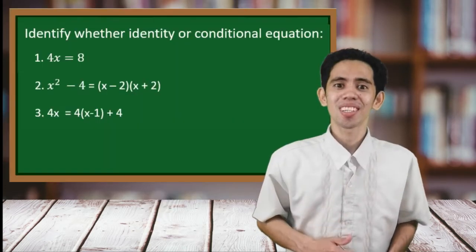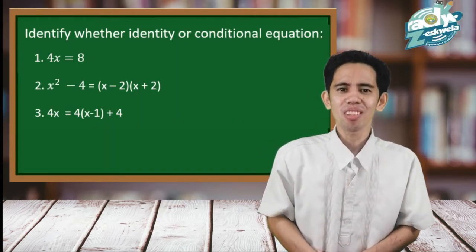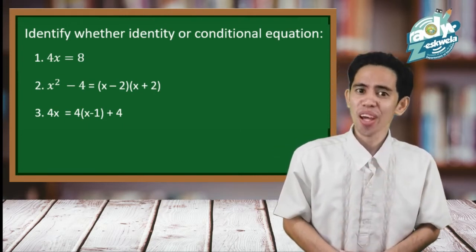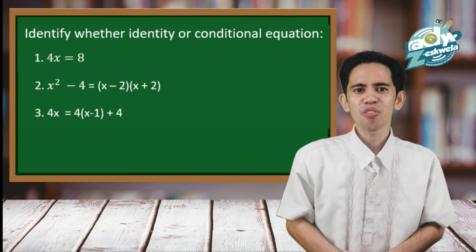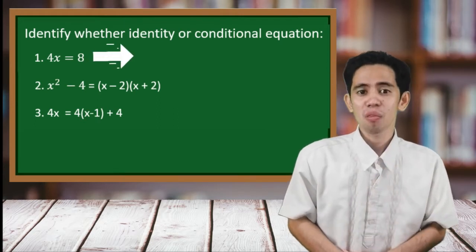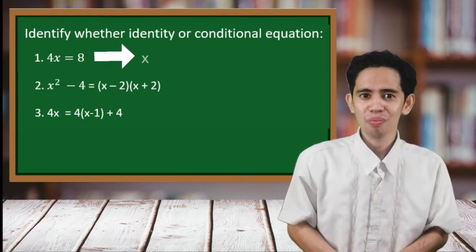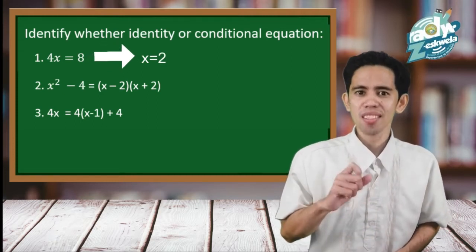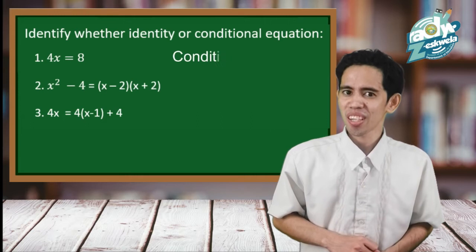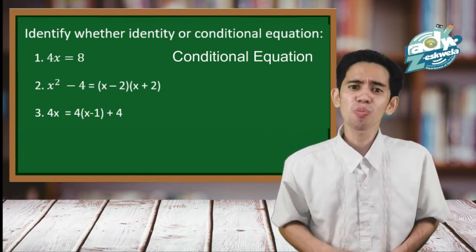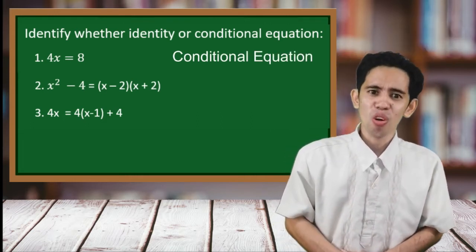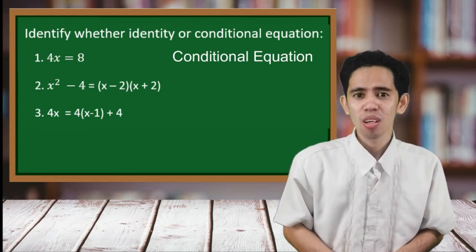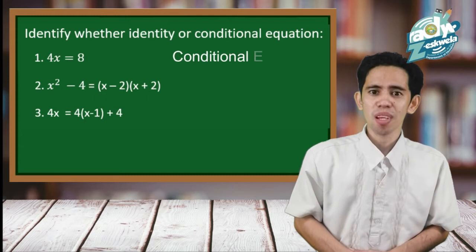Time's up! Very good! Now, let's check your answers. For our first example, which is 4x is equal to 8, simplify that and we have x is equal to 2. Since there is a specific value for variable x, that is a conditional equation. For number 2, x squared minus 4 is equal to quantity x minus 2 times quantity x plus 2.